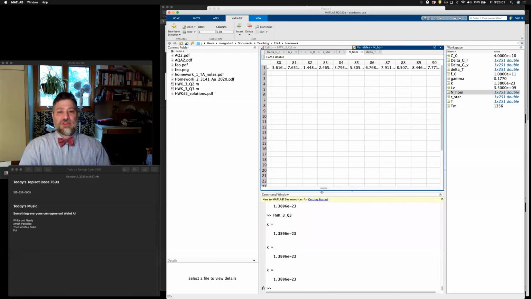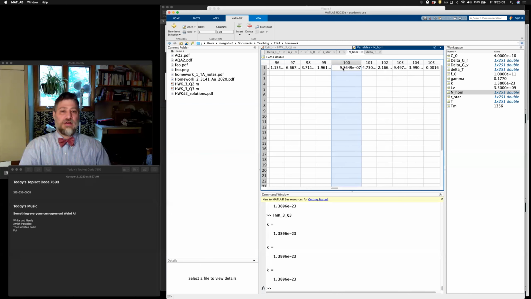If we go to a smaller undercooling, let's say 100 degrees, we end up with a nucleation rate of 10 to the minus 7 per second. So that means we need to wait about 10 million seconds for a nucleus to form.